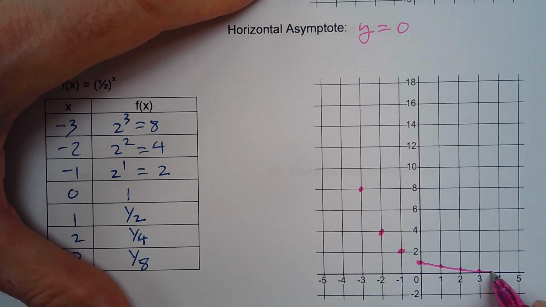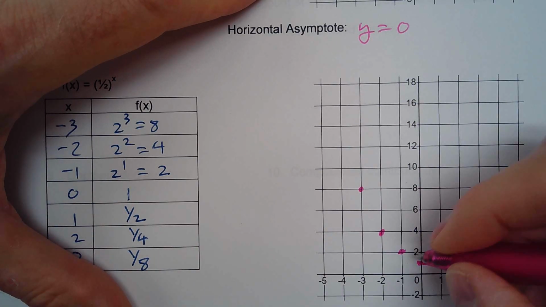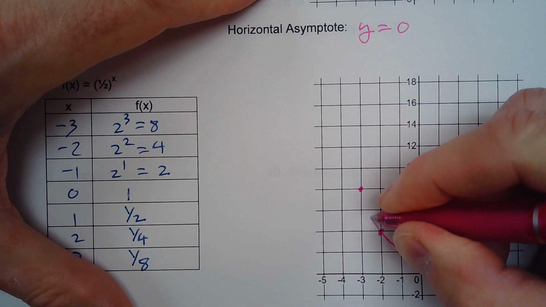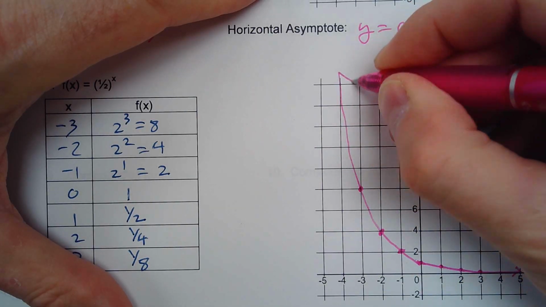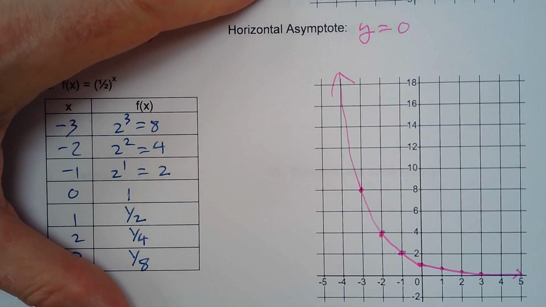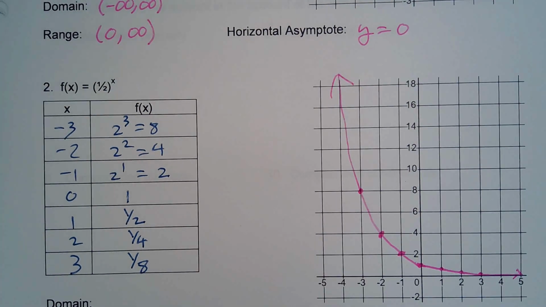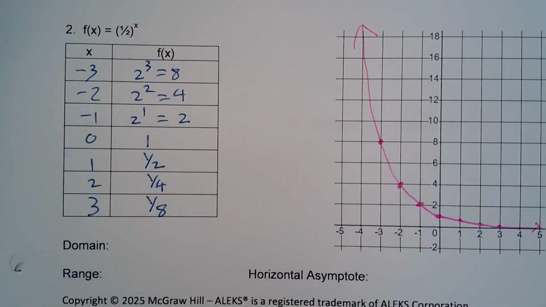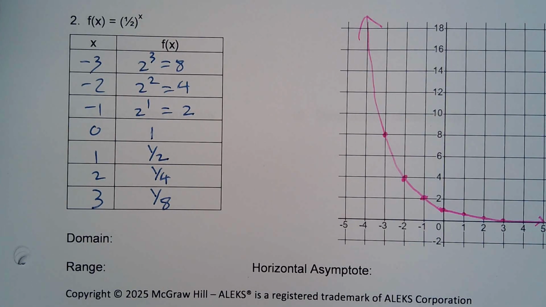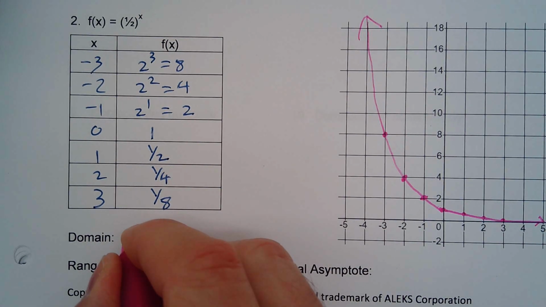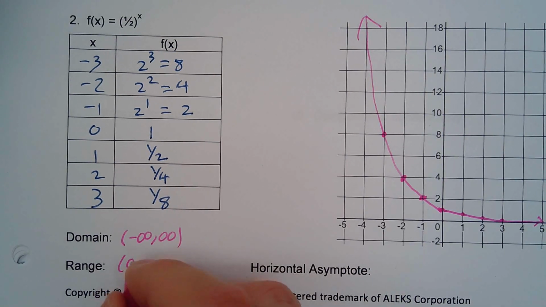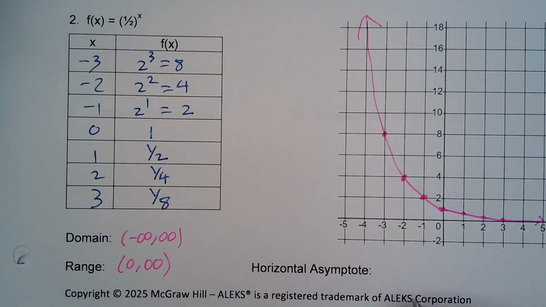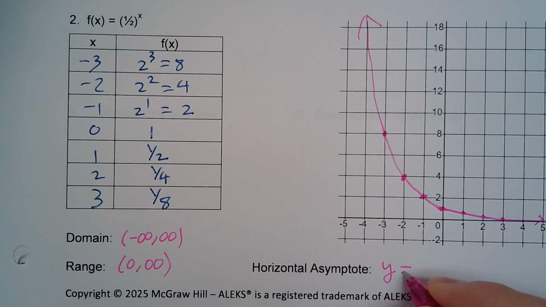So I'm going to draw my graph this way. It's going to look something like that. The domain and range don't change here because there's no shifting. So this is still going to be negative infinity to infinity, 0 to infinity. The horizontal asymptote doesn't change either. It's still y equals 0.